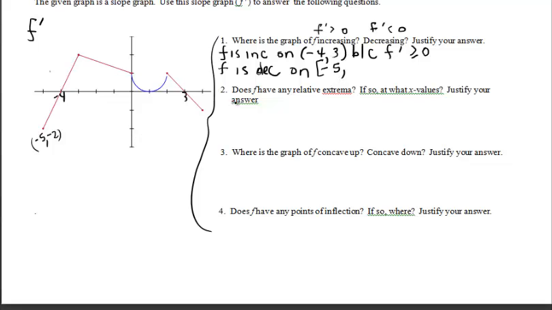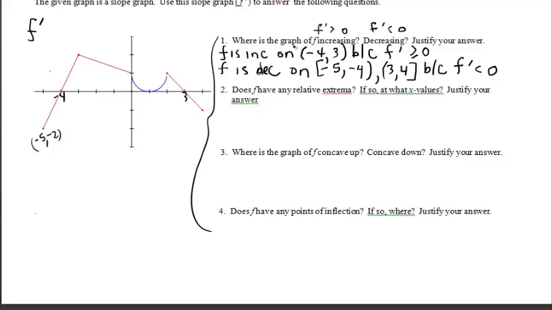So negative 5 up to negative 4, I'm going to use a parenthesis here. And it looks like at 3 to 4, and I'll put a parenthesis on the 3 and a bracket on the 4. I want to try and avoid the zeros, but 4 is definitely below the x-axis. Because here we can simply say because f prime is less than 0.